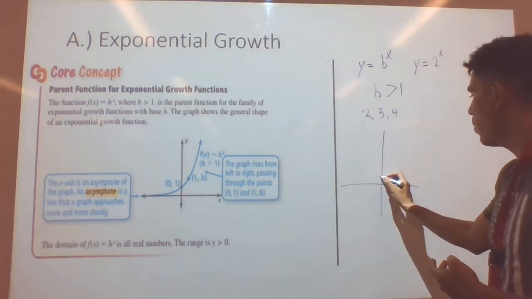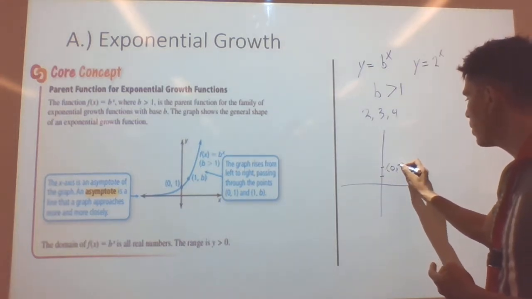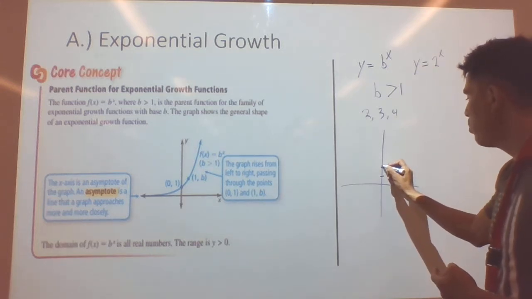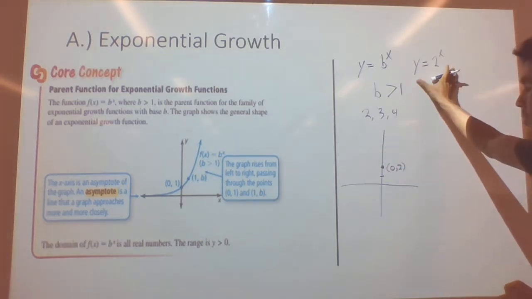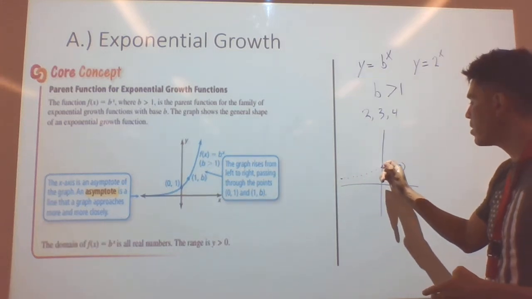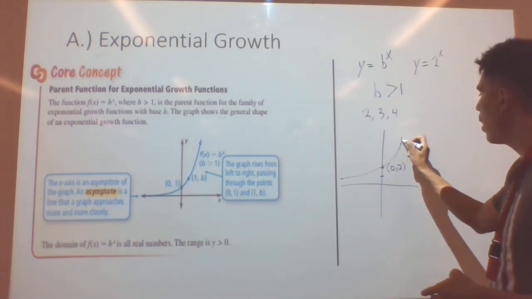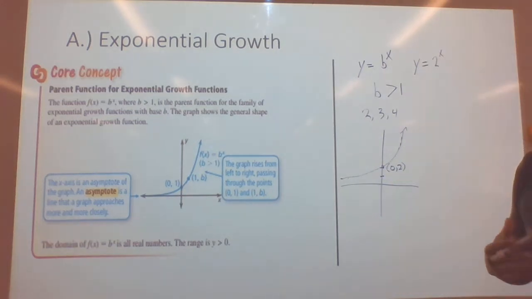So I know it's going to cross at 0, 2. Which means at this point, my exponential function is going to come like this, cross there, and go up.